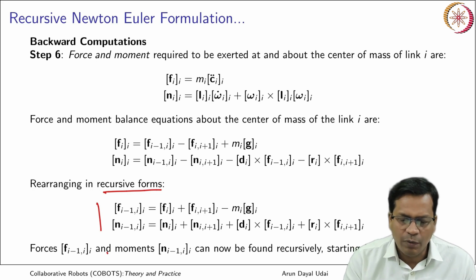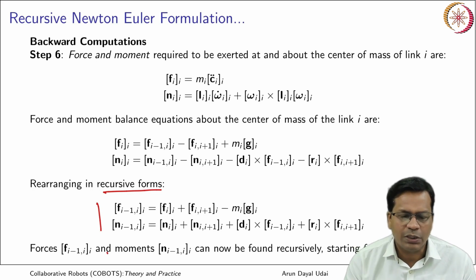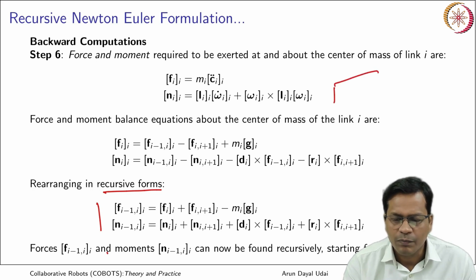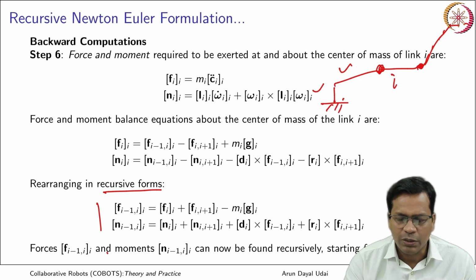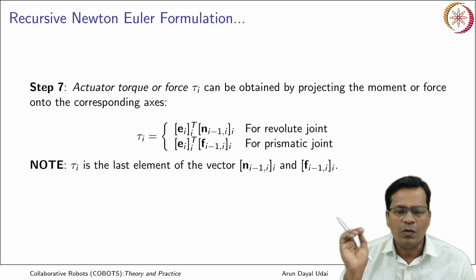You have to do it from the last link because all the links after this link will have effect on this link's moments and force, but not the links which are prior to this. They will not have any effect over here.